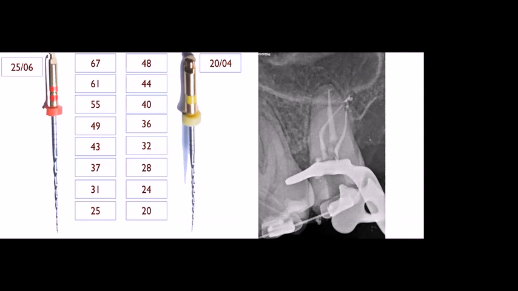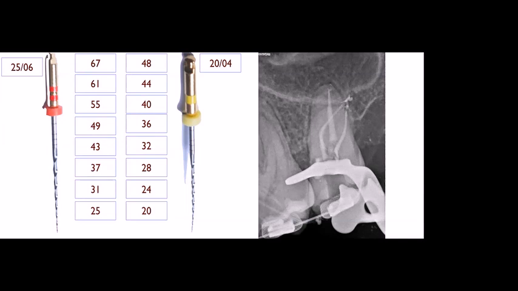So the difference is too big. The cyclic fatigue stress using the 25/06 up to the working length is much higher than with the 20/04. For this reason, in these cases, we use only the 20/04 up to the working length.